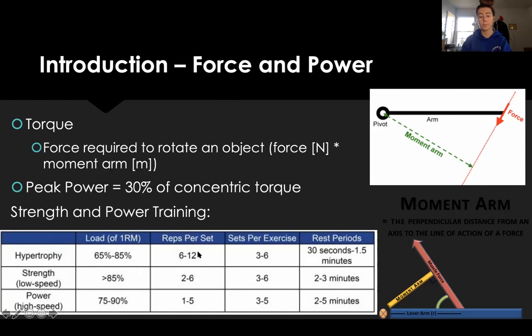You see the reps per set, and then the sets; that's going to be pretty high load, while strength is going to be high force, so high intensity, low load. And then power is going to be high intensity, also low load. But it's different because the amount of load that you can do for strength is going to be a lot more than the amount you can do for power, because of this 30% peak power thing.